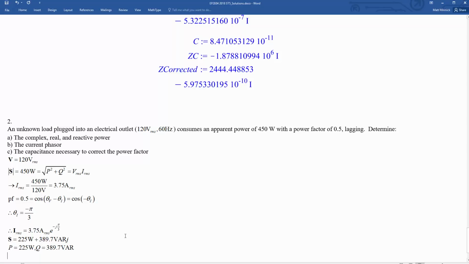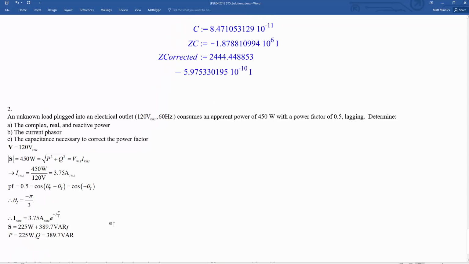The last thing that we need is the capacitance necessary to correct the power factor to unity. And for this, this is what we needed to know the frequency for, because otherwise we can figure out the capacitive impedance necessary, but we can't actually convert that to a capacitance without knowing what the frequency was.